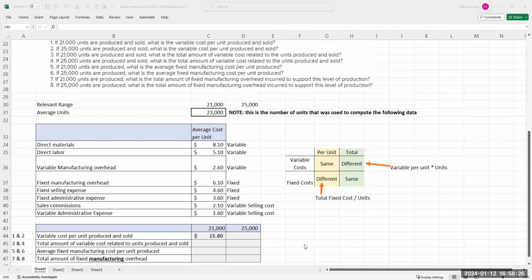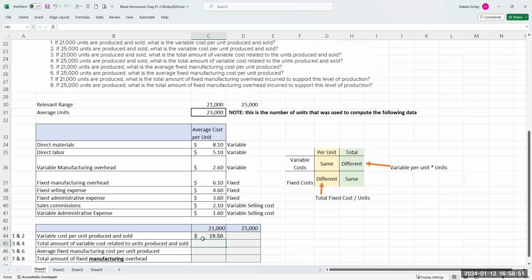Okay, so these are things that end up in the cost of goods sold. So we also need to add the variable selling cost plus the variable administrative. And so that is going to be my variable cost per unit produced and sold.